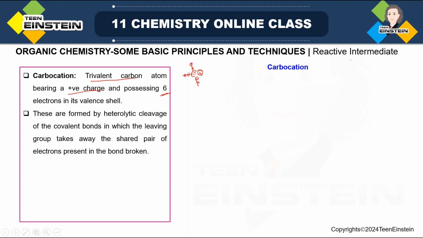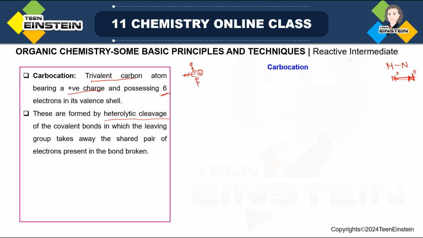Now, how is it formed? These are formed by heterolytic cleavage. Remember, we have already learned what is homolysis, what is heterolysis. Heterolysis means when you are breaking the bond between two atoms, M and N, then positive charge will be over one atom, negative charge will be over another atom. And if it is homolysis, then it will be M carrying 1 electron, N carrying 1 electron.